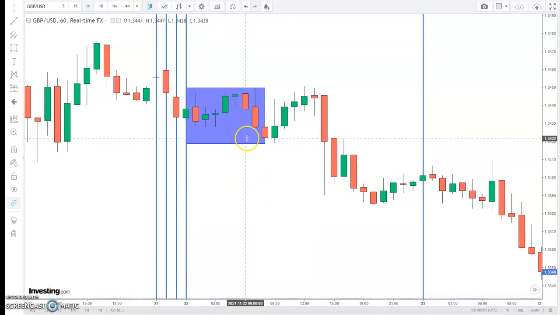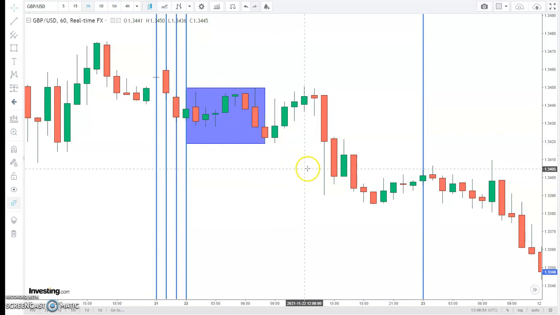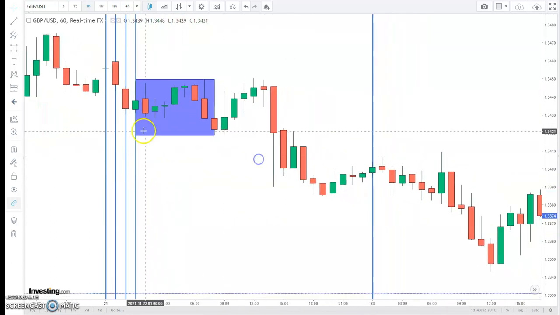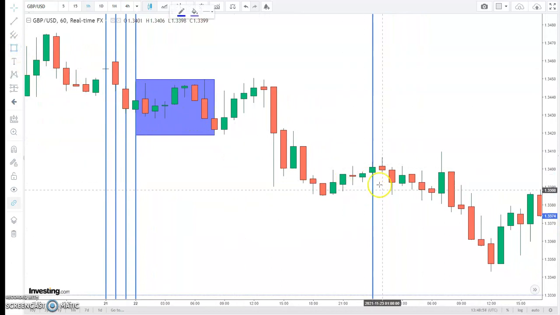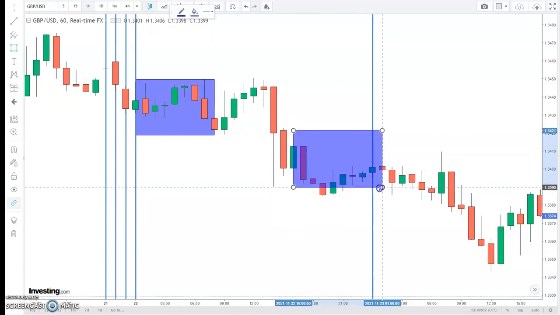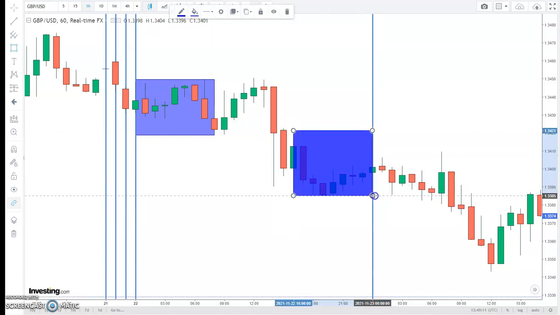Those 8 hours, those 8 candles are what make up the Asian session. If the US is the last of the sessions, then it makes sense to go 1, 2, 3, 4, 5, 6, 7, 8. So that is the high and that is the low of the US session.